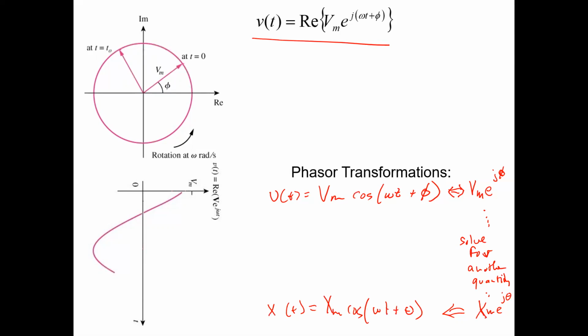So it's easier to do the work in the phasor domain. Generally we go this way to solve the problem, and then come back and get it back in the time domain. So this is the forward phasor transform, and this would be the inverse phasor transform going back into the time domain. And you can use this in a lot of things. You can use it for differentiation and integration.